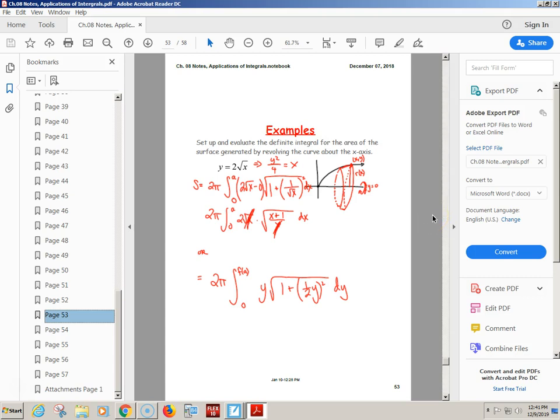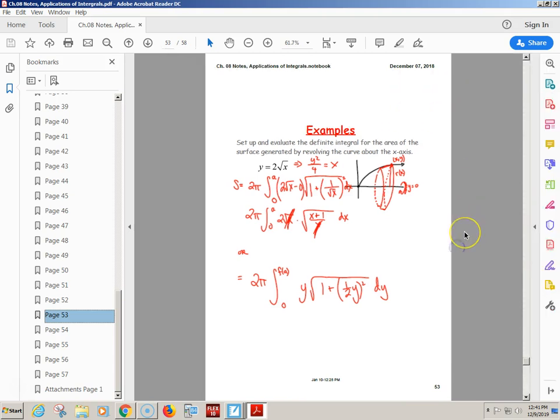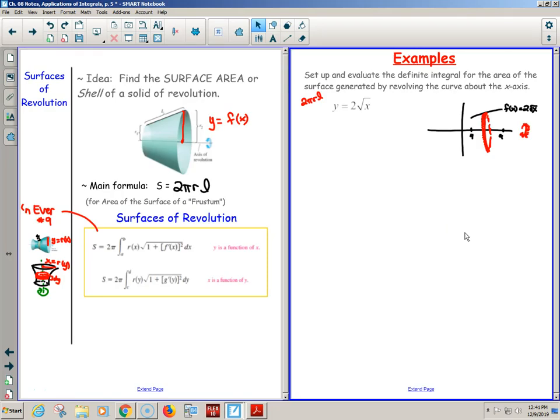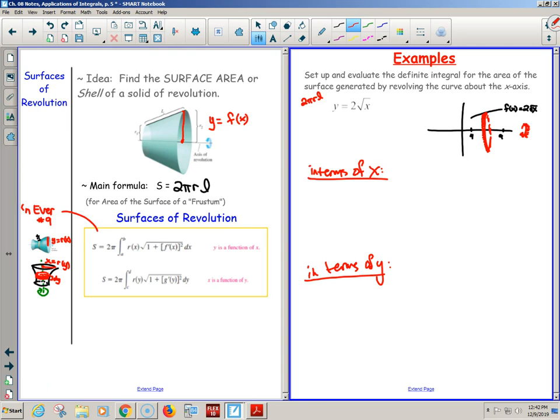And what would it look like if you had done the y, or if you had done that in terms of x? Could it be done either way?